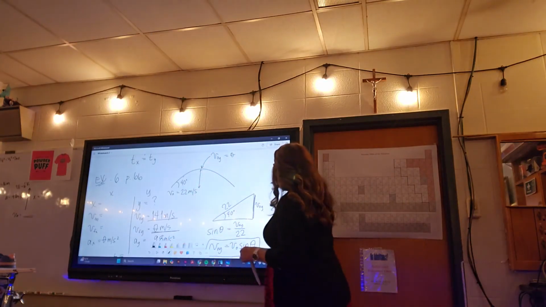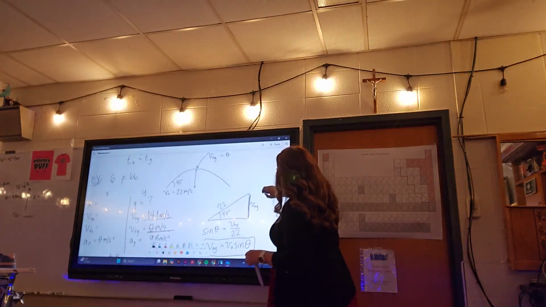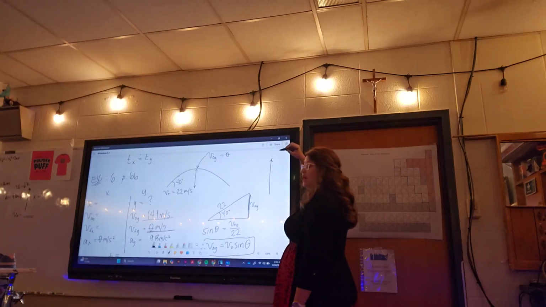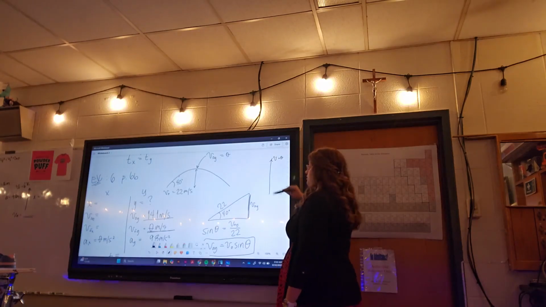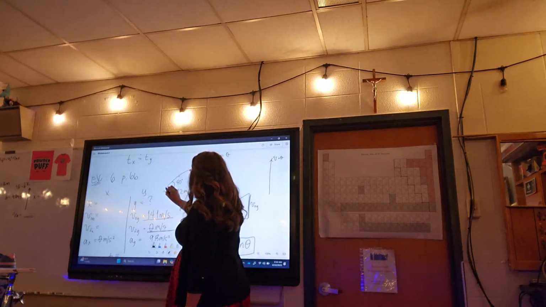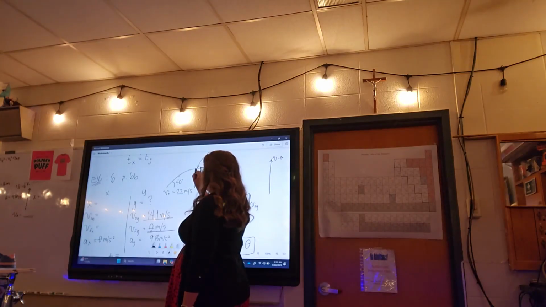In the same way that when we throw something up vertically, at the top of its motion, when it stops, that velocity is equal to 0 because it's the point at which it's changing directions. Here, your velocity in the y direction is going to slow down until you get to the top, and then it'll speed up again.